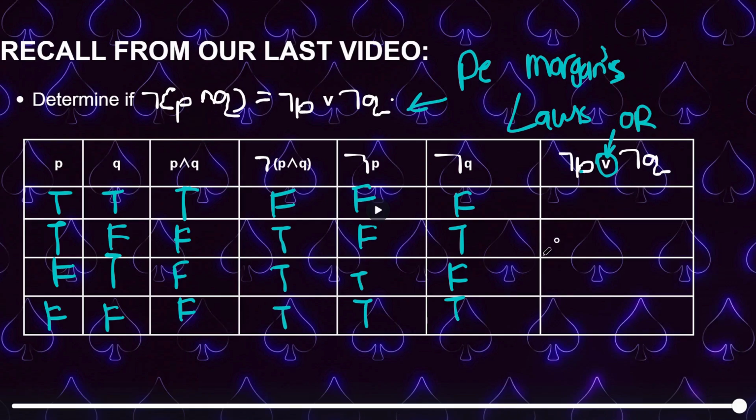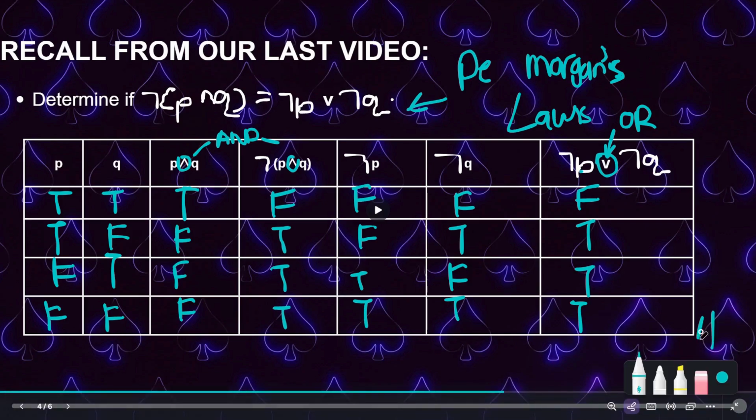Not P or not Q gives F, T, T, T. The symbol for and is conjunction, and the symbol for or is disjunction. So anyway, please check the answer and take note.